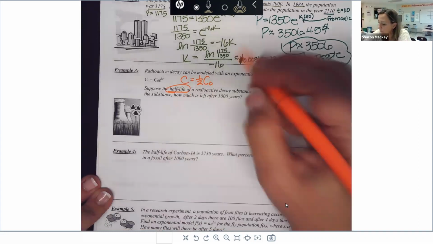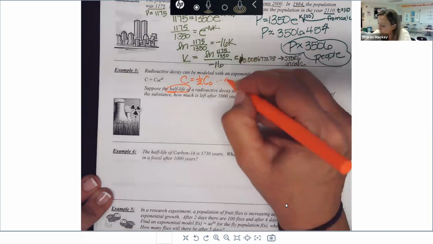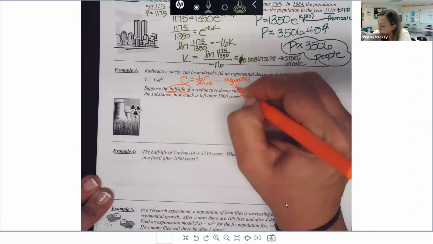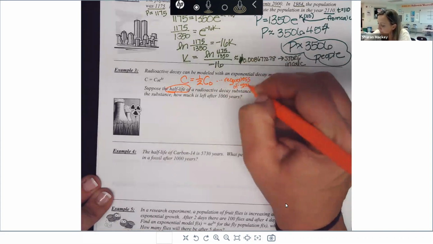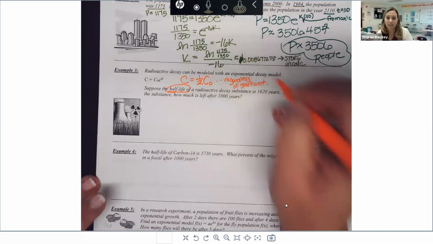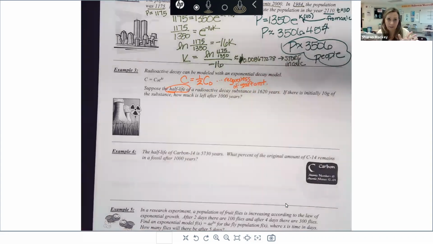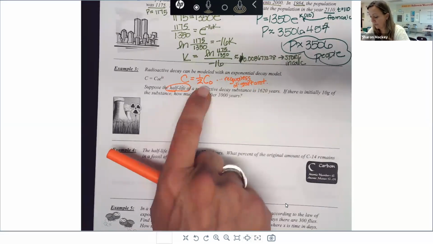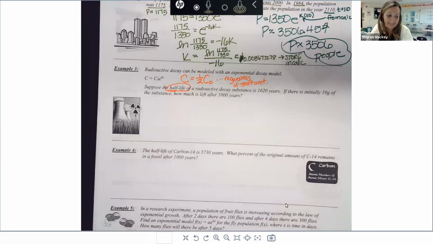So again, if you talk about the half-life, you're going to have that C equals 1/2 of the C sub 0, regardless of where we start. We don't even care. But half-life means that you're going to let C be half of your starting amount. And this is saying that the time is 1,620 years.